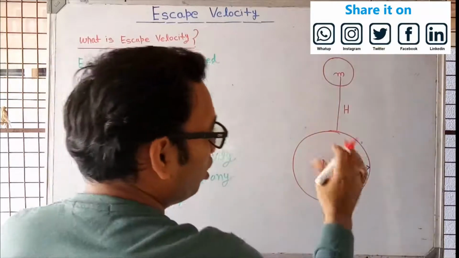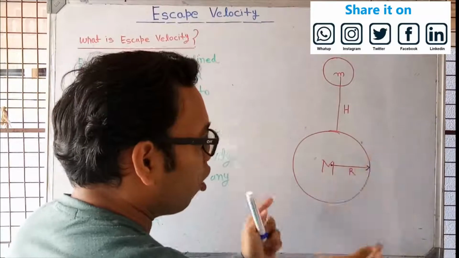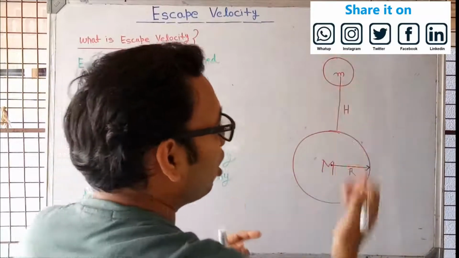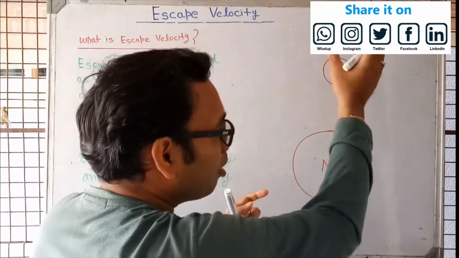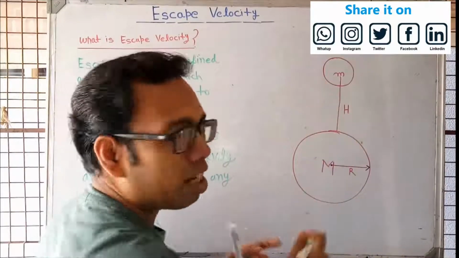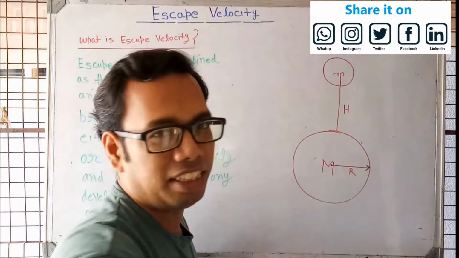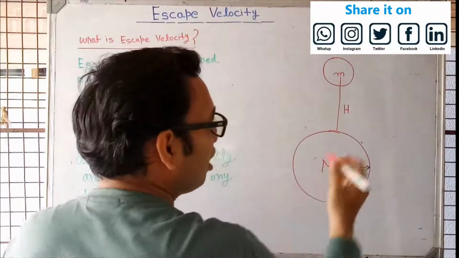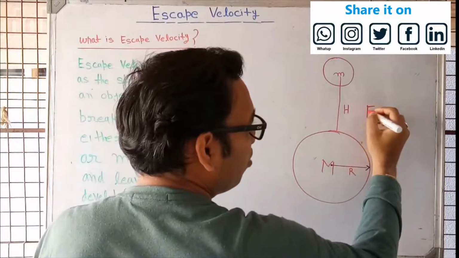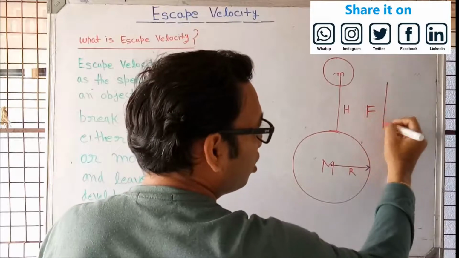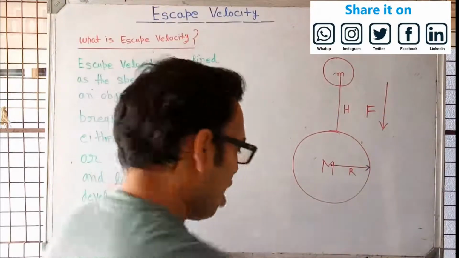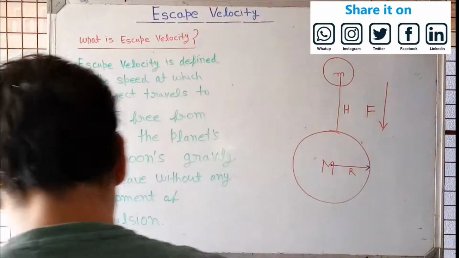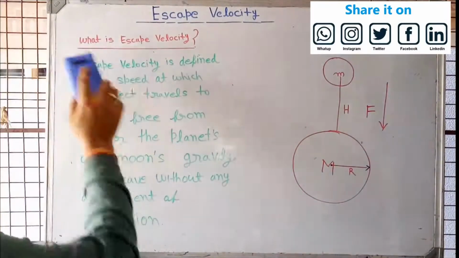This one has more volume or size and this is smaller, so the bigger object will attract the smaller object to its center side. That is called the gravitational force, the force of attraction.